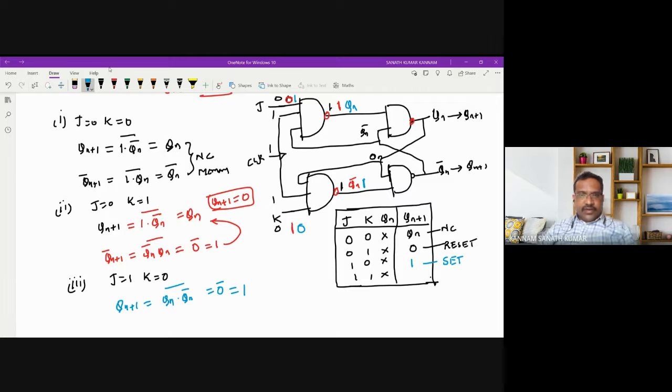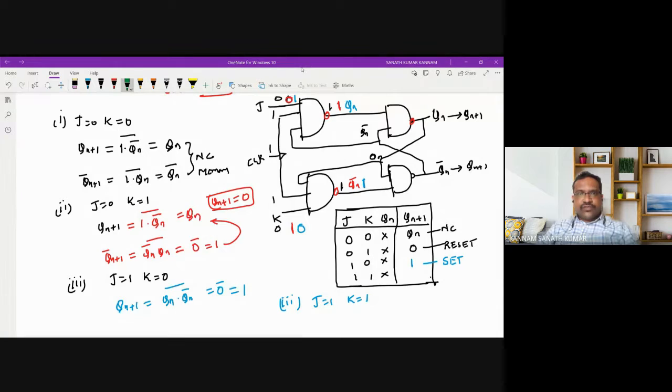Okay, and next, the third case, case 3. So when J equals 1 and K equals 1, so this is 1.